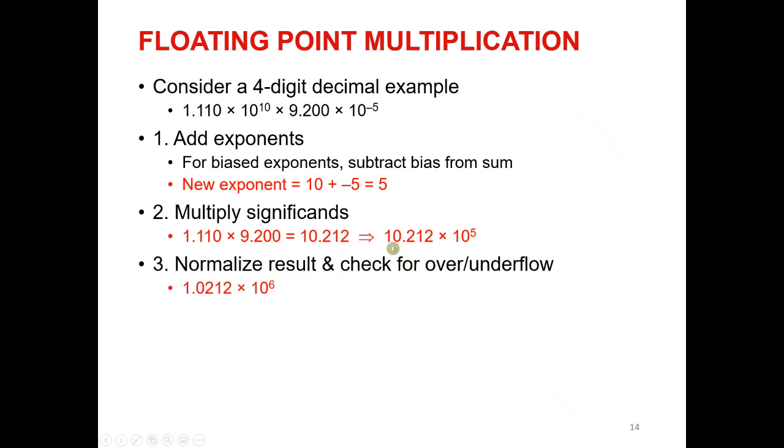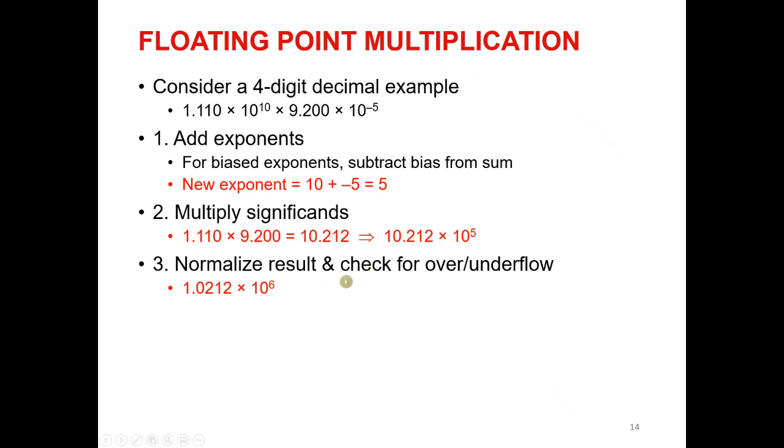The problem is that now we want to normalize it. So we want only 1 digit before the point. In this case, we are shifting the number to the right, so we are incrementing the exponent from 5 to 6 because we have shifted the number to the right 1 position.